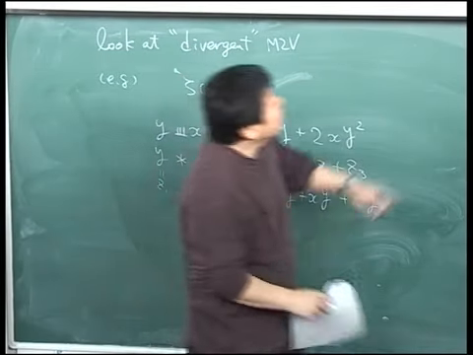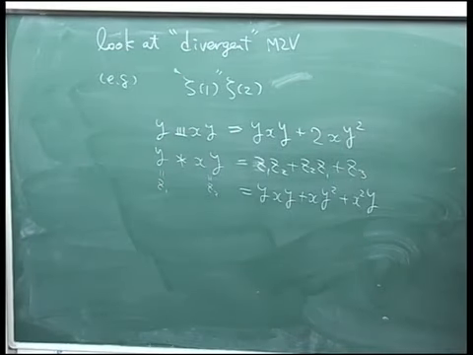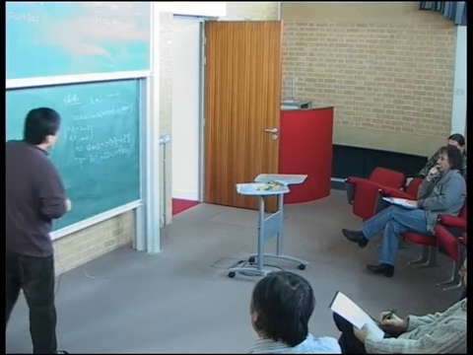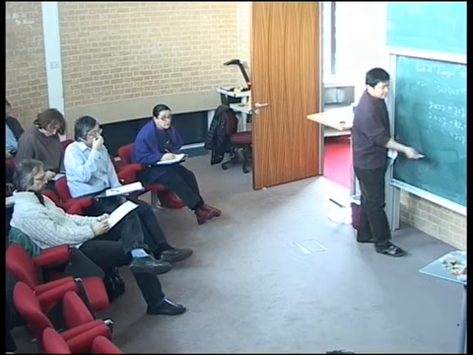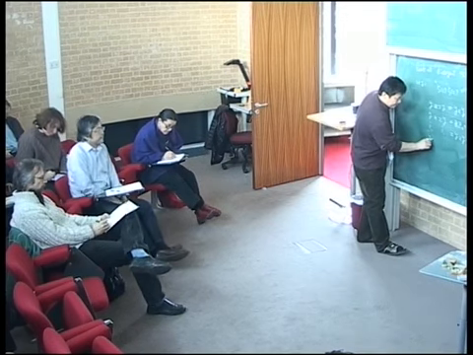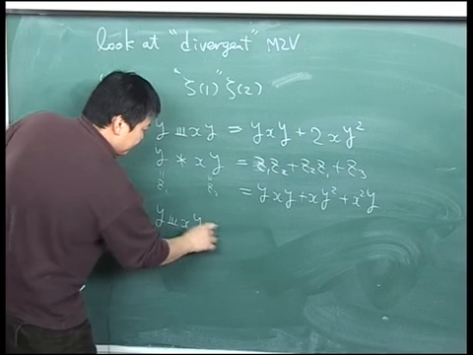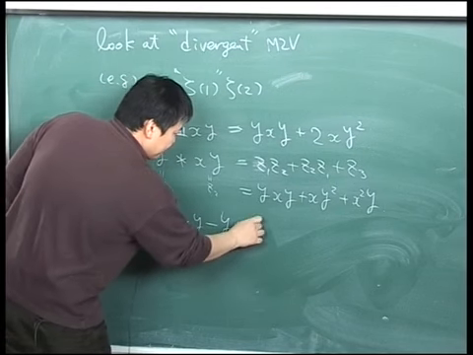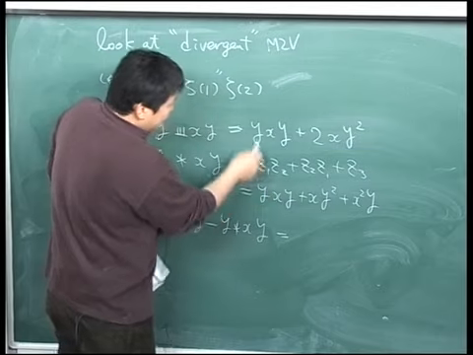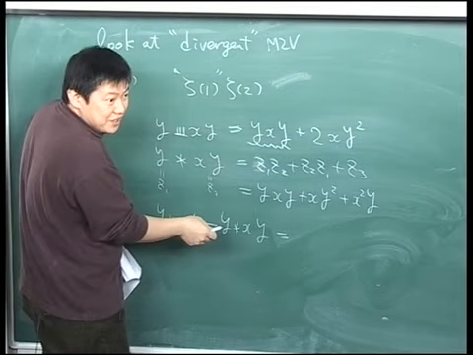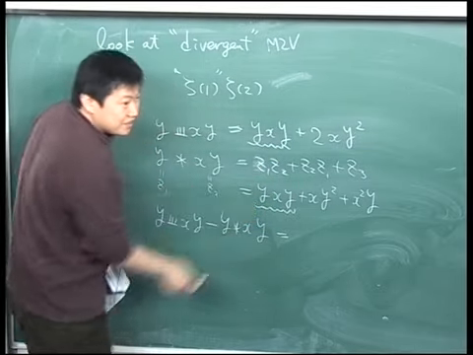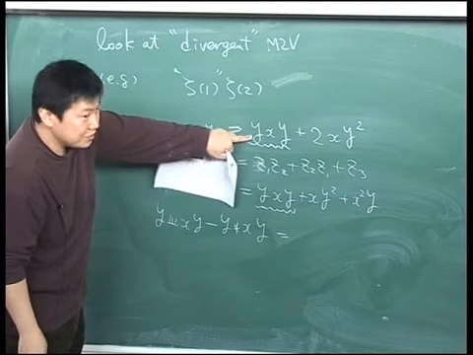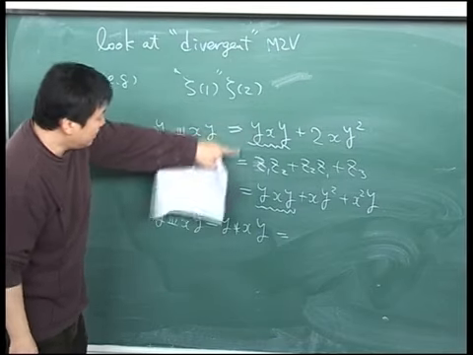So formally, if you compute this difference of the shuffle product and the harmonic product, here is a divergent word. It means a word starting from y.